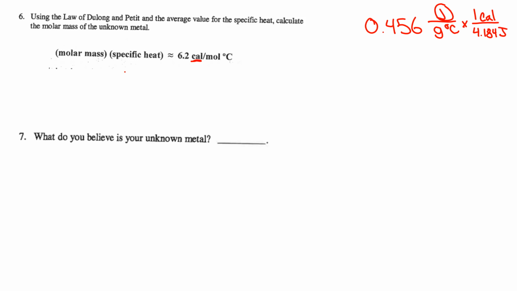So when I do that, my new C that I'm going to use in this is 0.109 calories per gram degree Celsius.